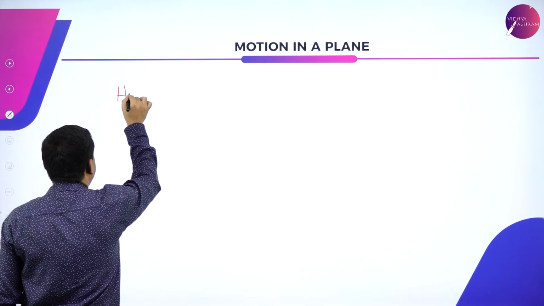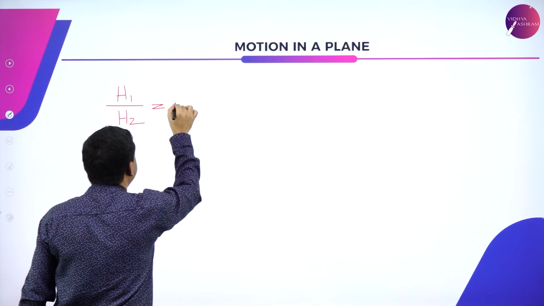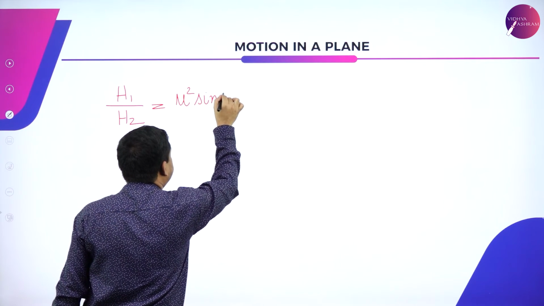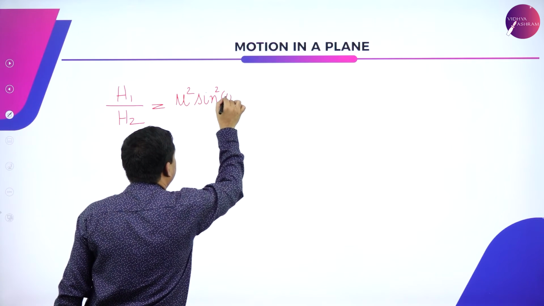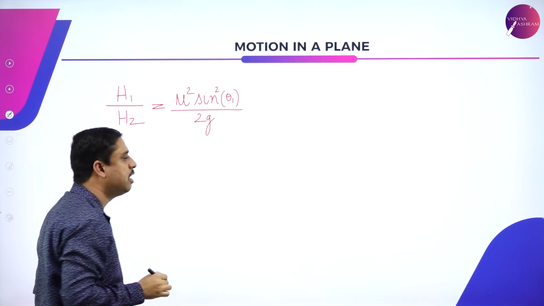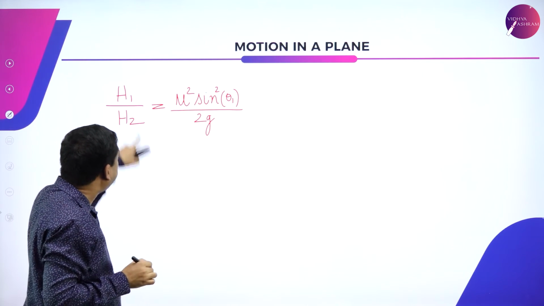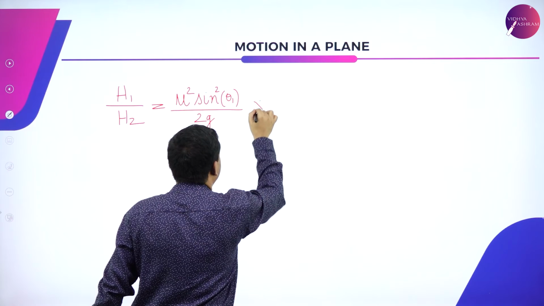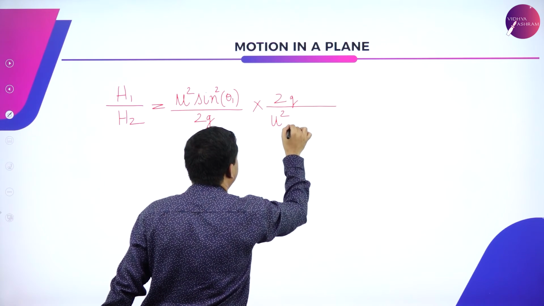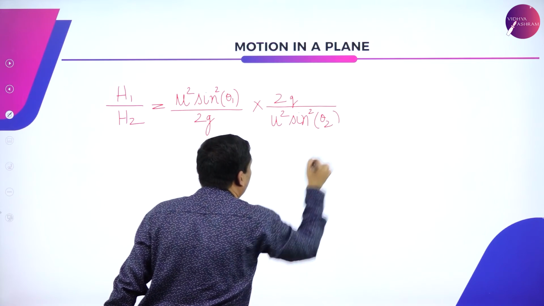Now, H1 by H2 will be, what is H1? U square sine square theta 1 divided by 2g. This is divided by H2. It becomes the reciprocal. So 2g divided by u square sine square theta 2.